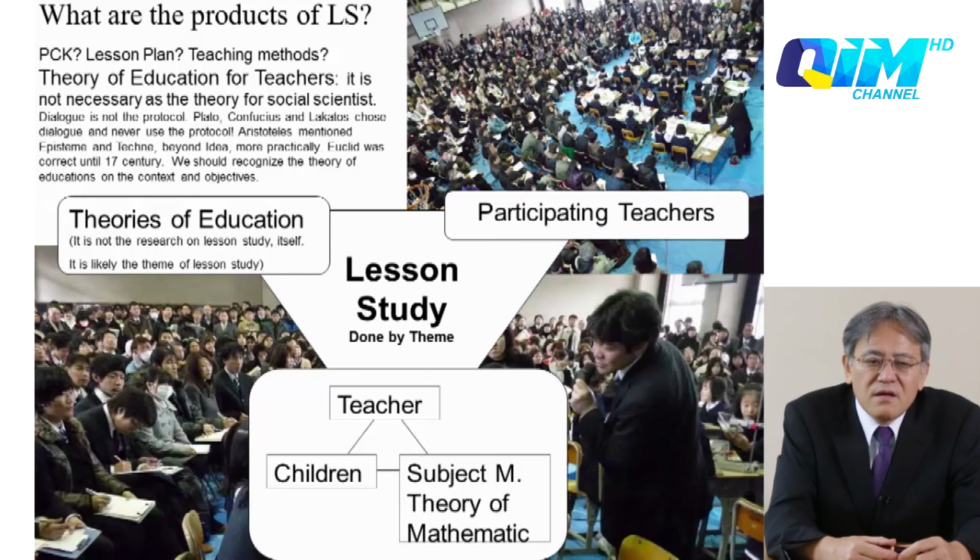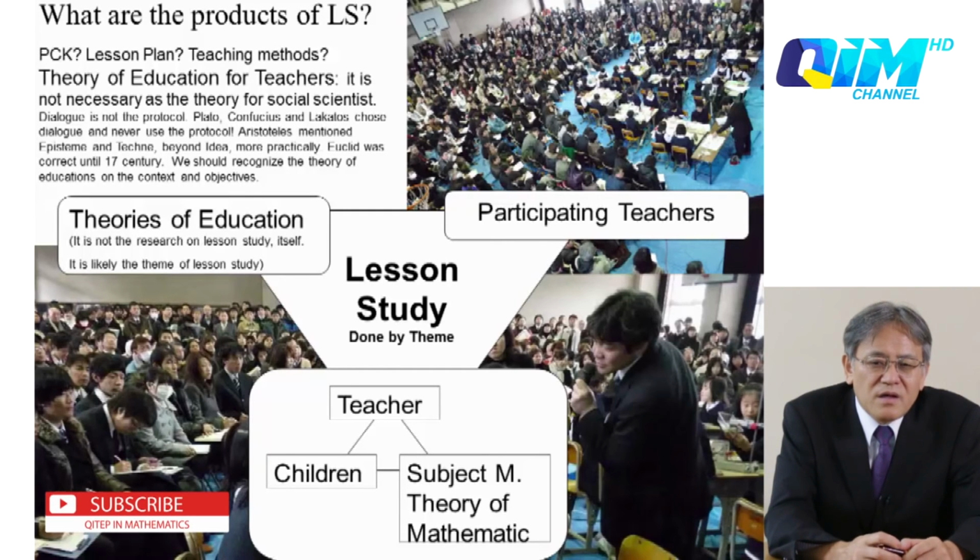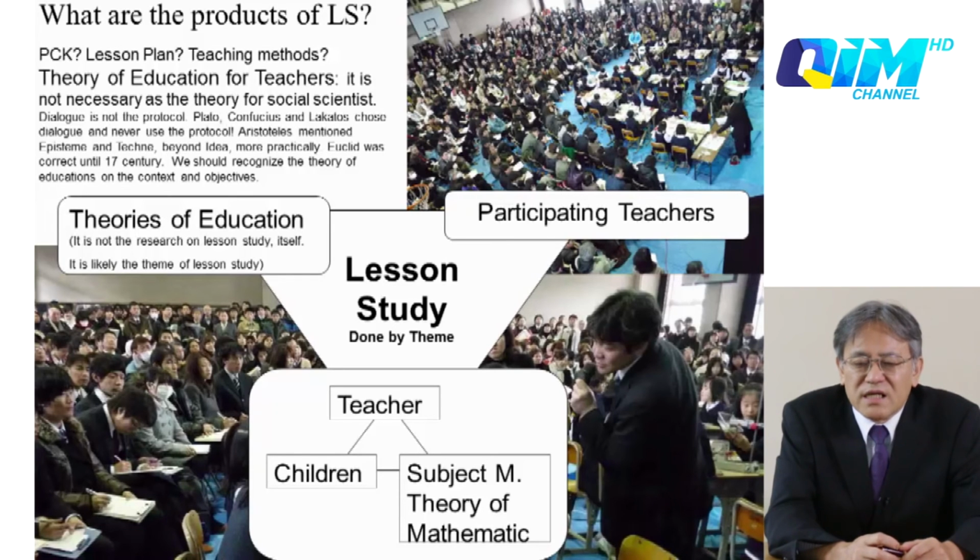For example, we write the protocol for explaining our findings to contribute to journals. The nature of the scientist is that we have to find something new.